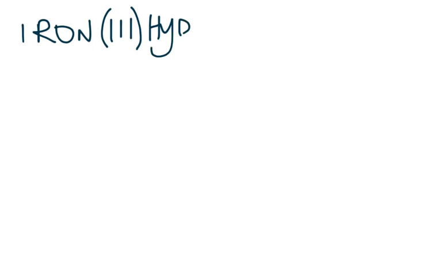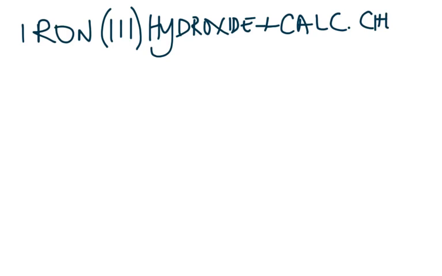So now let's look at the products. My products here, and I'm sorry we're having to do this on 2 screens, are iron 3 hydroxide plus calcium chloride. And again, it's crisscross time.